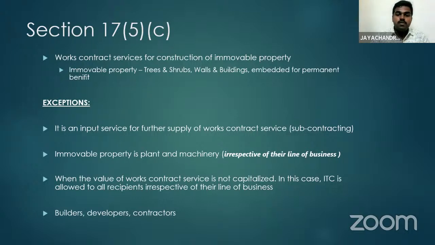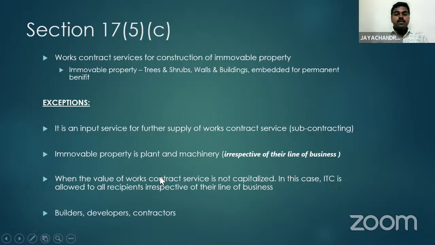He will purchase the goods and do the service of making the plant and machinery run. So this works contract service availed, which results in the construction of immovable property that is plant and machinery, means that ITC is available. If that immovable property is a building or walls, that is prohibited. If the works contract services are on plant and machinery, ITC is available irrespective of their line of business.